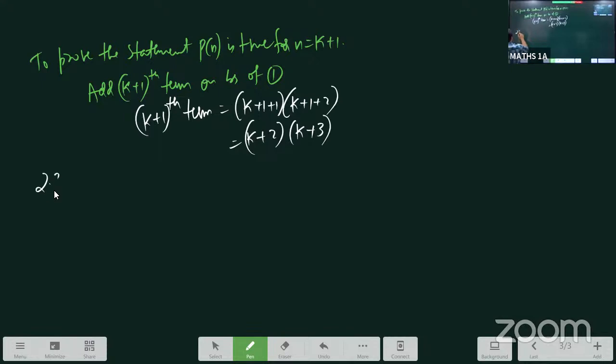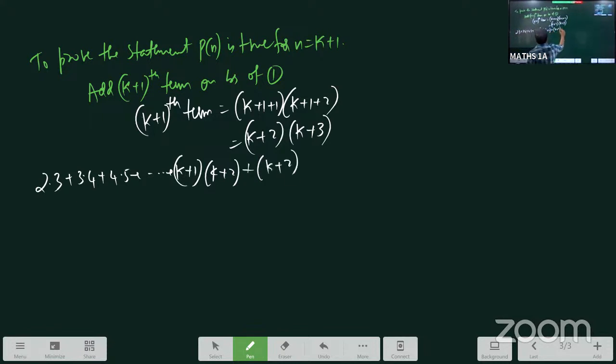So I am adding: 2 into 3 plus 3 into 4 plus 4 into 5 plus so on plus k plus 1 into k plus 2 plus k plus 2 into k plus 3, that is equal to what it was.